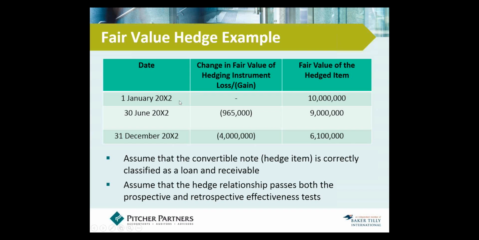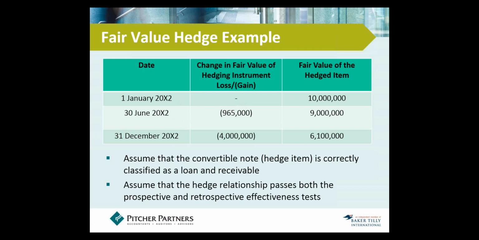So on the 1st of January year 2, we purchased our convertible note, and we also entered into our interest rate swap. And this is the information over the first year. Important to note, on day one, when you enter into the derivative, it doesn't have a fair value because the transaction price would be the market price on that date. So on day one, the derivative doesn't have a fair value. And if you look at your hedged item, the item we want to protect, we've got the convertible note, our financial asset, that's $10 million.